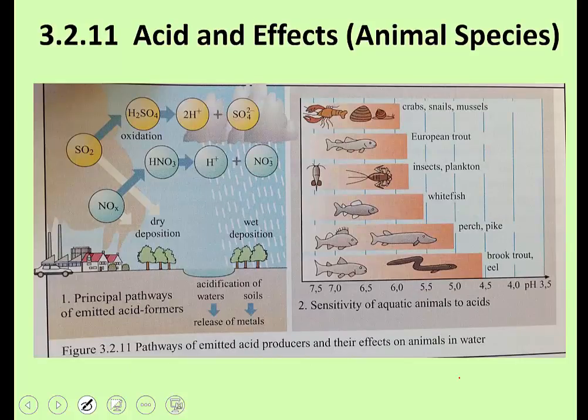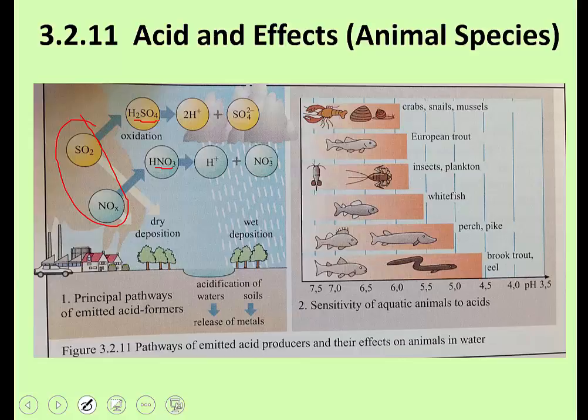Now, one of the reasons monitoring your rainwater becomes very important is because we need to look at the effect that it has on us as human beings and the things that we rely on, such as animal species, plant species, so on and so forth. So in this figure, the author is showing the pathways for, remember we talked about SOx and NOx, well here those are right here, and we can see that through either deposition or oxidation, those get combined to form various acids.